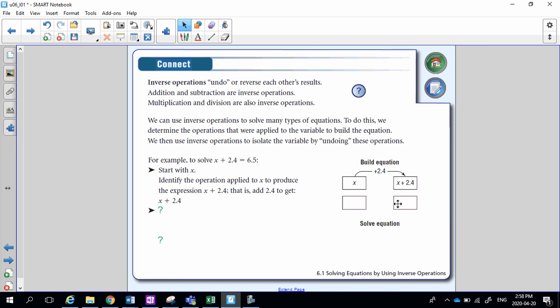Since x plus 2.4 is equal to 6.5, if we want to go back to the start to figure out what x is, we don't know what it was. It was something that we added to 2.4, and we ended up with 6.5. So to find out what it is, we're going to say 6.5 subtract 2.4. So the opposite of add is subtract. Subtract 2.4, and that's going to give us 4.1.